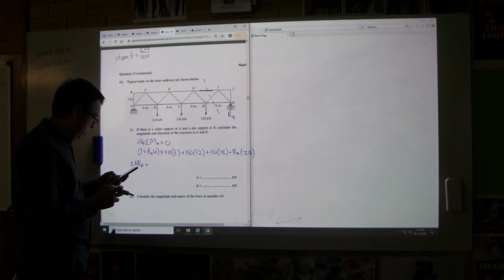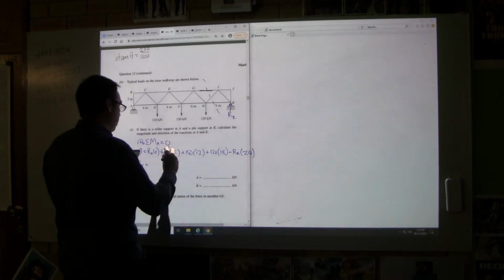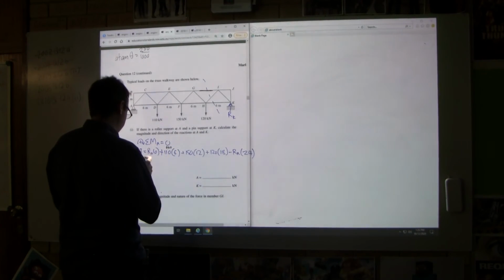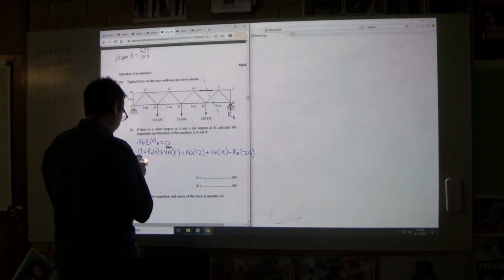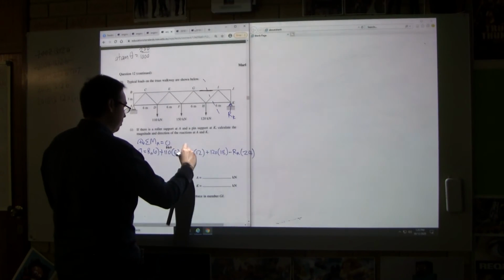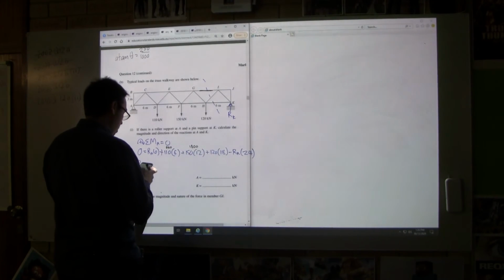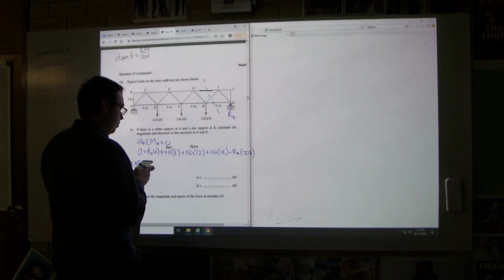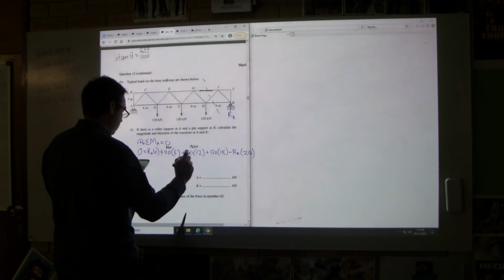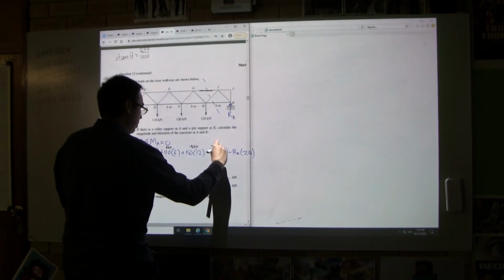110 times 6 is 660. 150 times 12 equals 1800, and then 120 times 18 equals 2160.